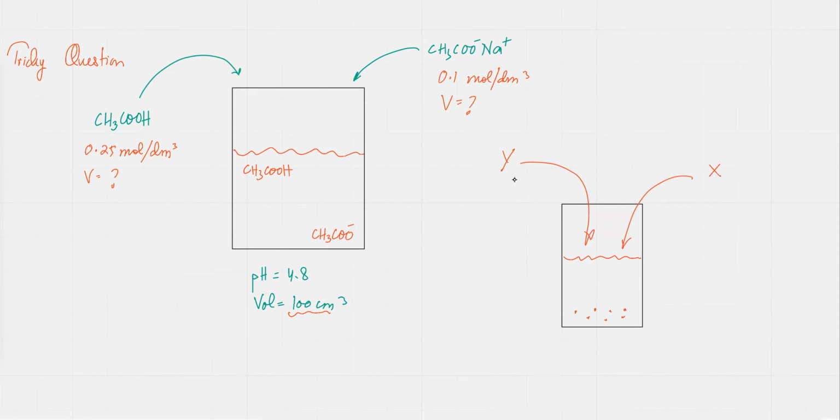So the number of particles remain the same, and all these particles are going to be all over the place. So what do you think is happening to the particles of X? They're going to become more dilute. Is this idea clear? Yes.